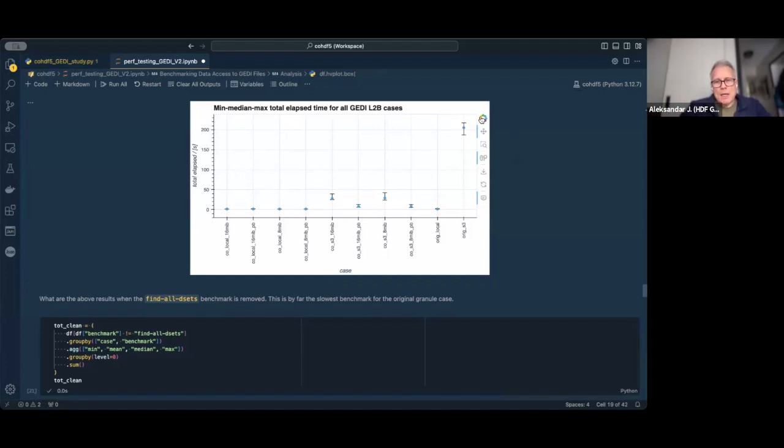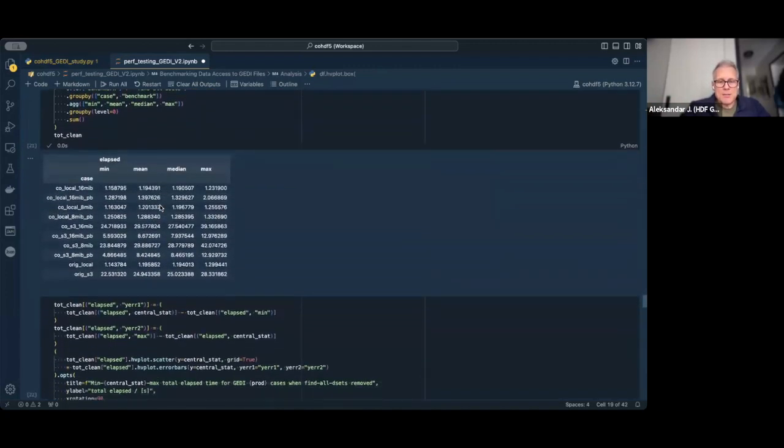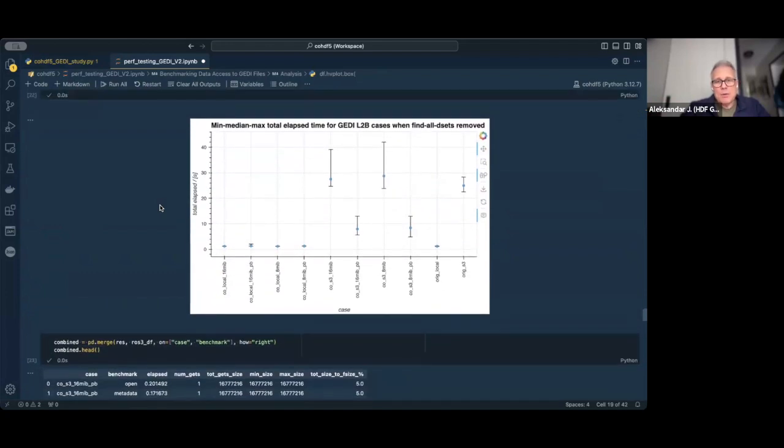But because this result is so much affected by one benchmark that I knew is essentially not favorable to the original file in S3, I said let's eliminate that one and see how the other benchmarks for all the other files are actually performing. And this one is actually very interesting because now when the really bad case that we know is not going to be good for the original file in S3 is removed, all the results look much more interesting.